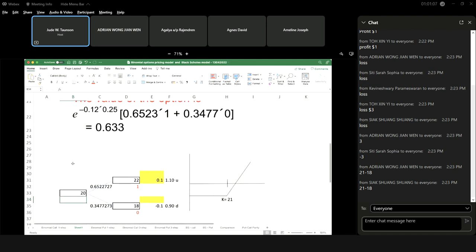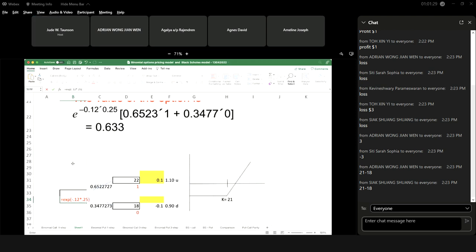Let us look at the formula. It's equal to exponential negative 0.12 times 0.25, times this probability times this amount.